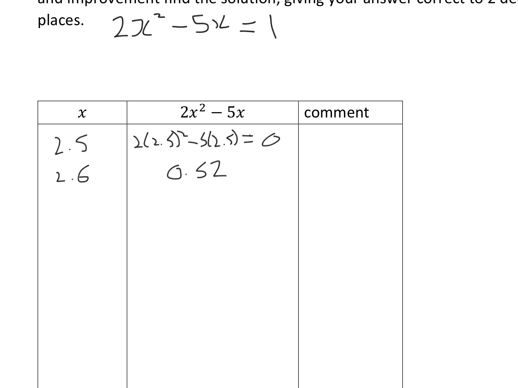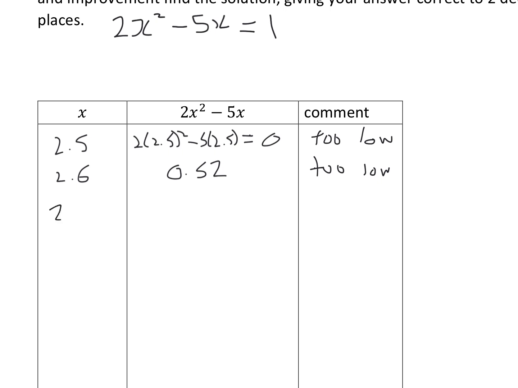But the rest of it, putting it in, should be fine. 2.5 was too low and 2.6 was too low. So I really didn't achieve anything with 2.6 and 2.5, sorry, writing that down. I could have just started with 2.6 as my first written answer. Just bear that in mind.